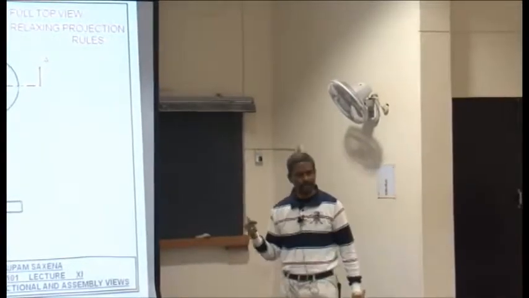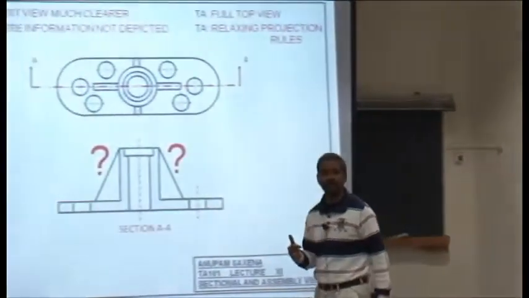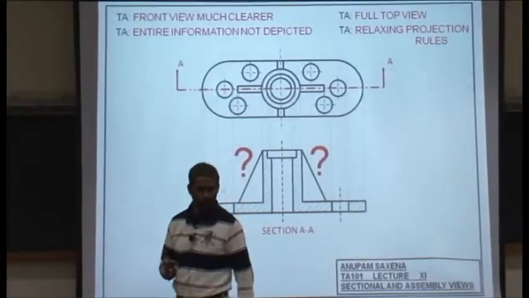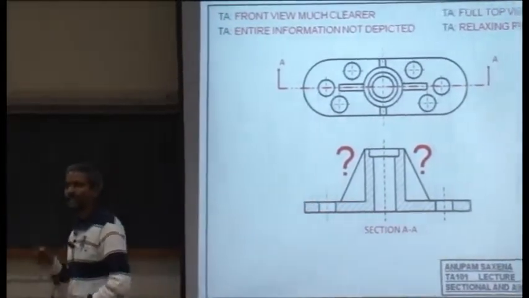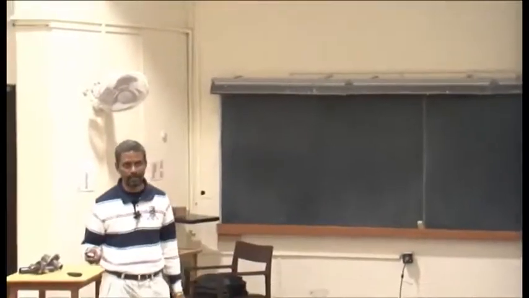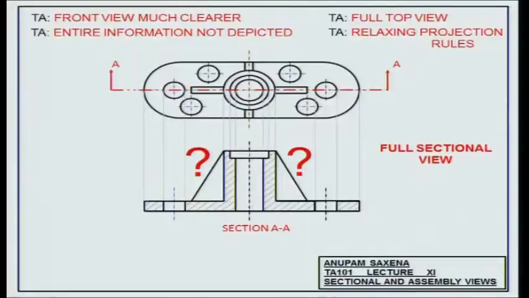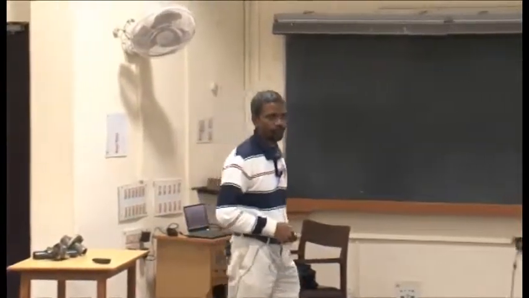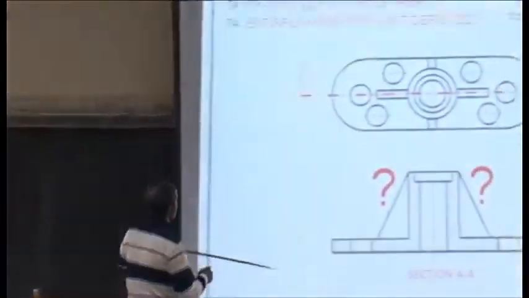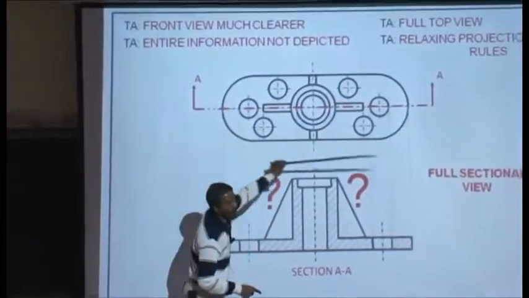And later I'll tell you that there are certain supporting elements that you do not section. You just ignore that the section plane is passing through those supporting elements. It's called the full sectional view. You're taking the entire section.